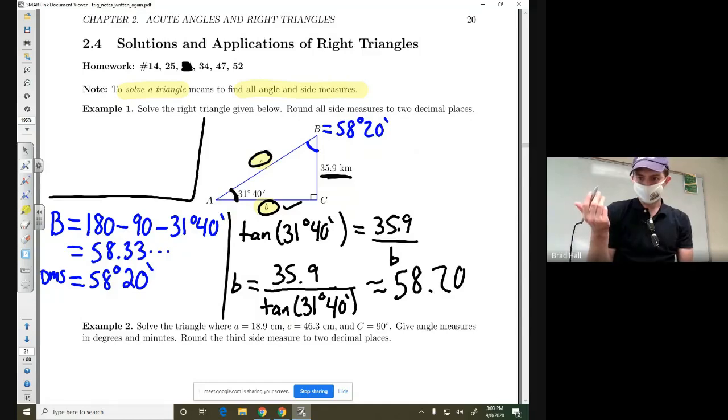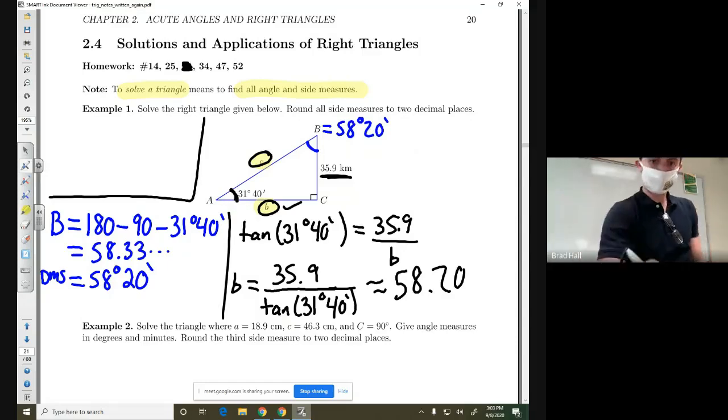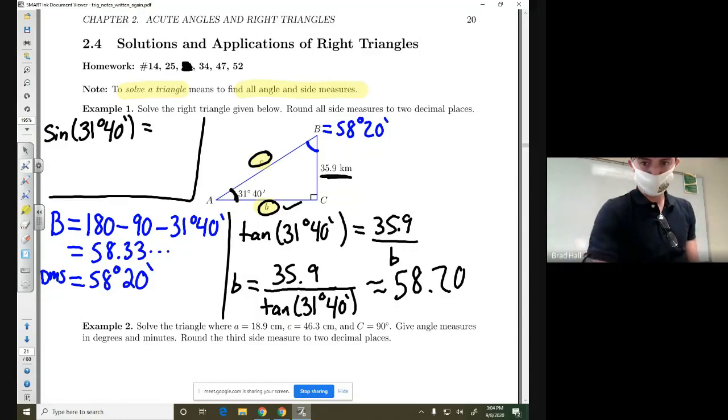We can actually pick, let's see, to solve for the hypotenuse, really we can choose sine or cosine. Both of those incorporate a hypotenuse. I'm just going to pick sine. So sine of 31 degrees and 40 minutes is equal to opposite, which is 35.9, divided by the hypotenuse, which is unknown.